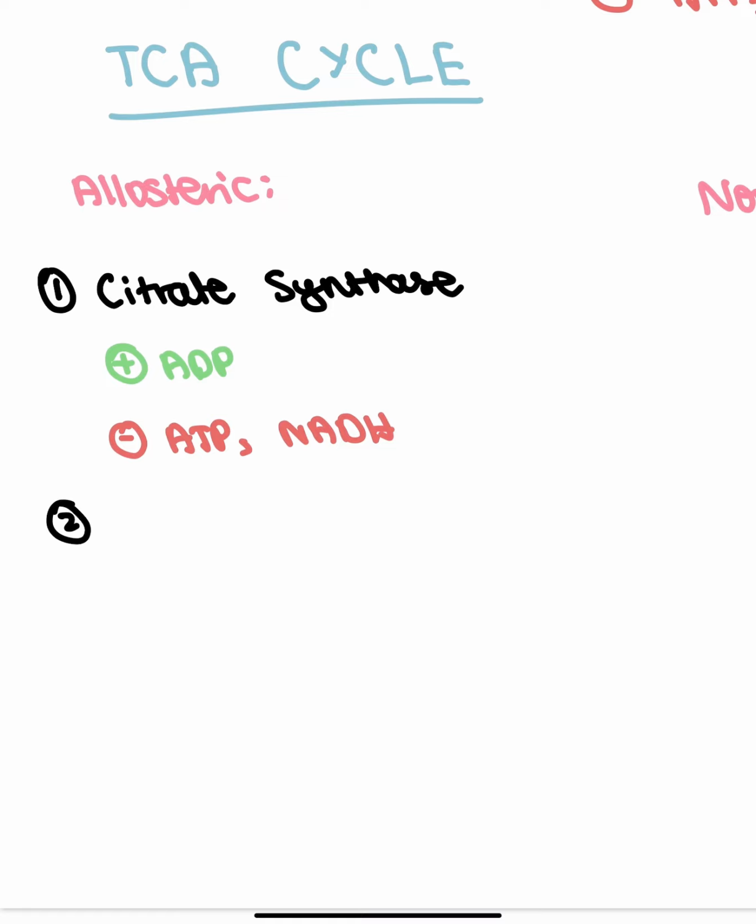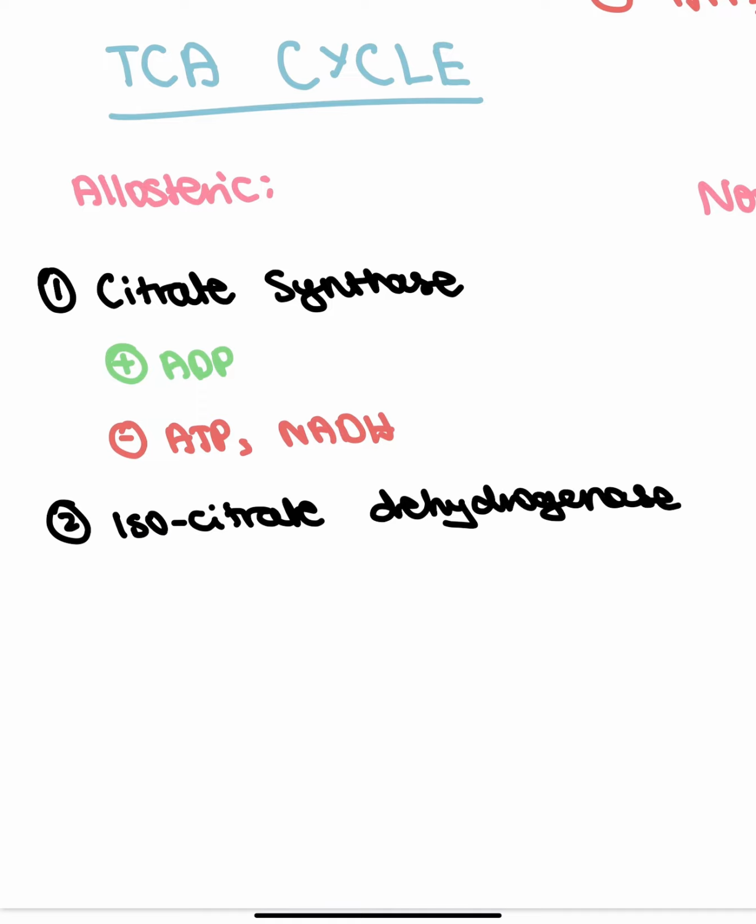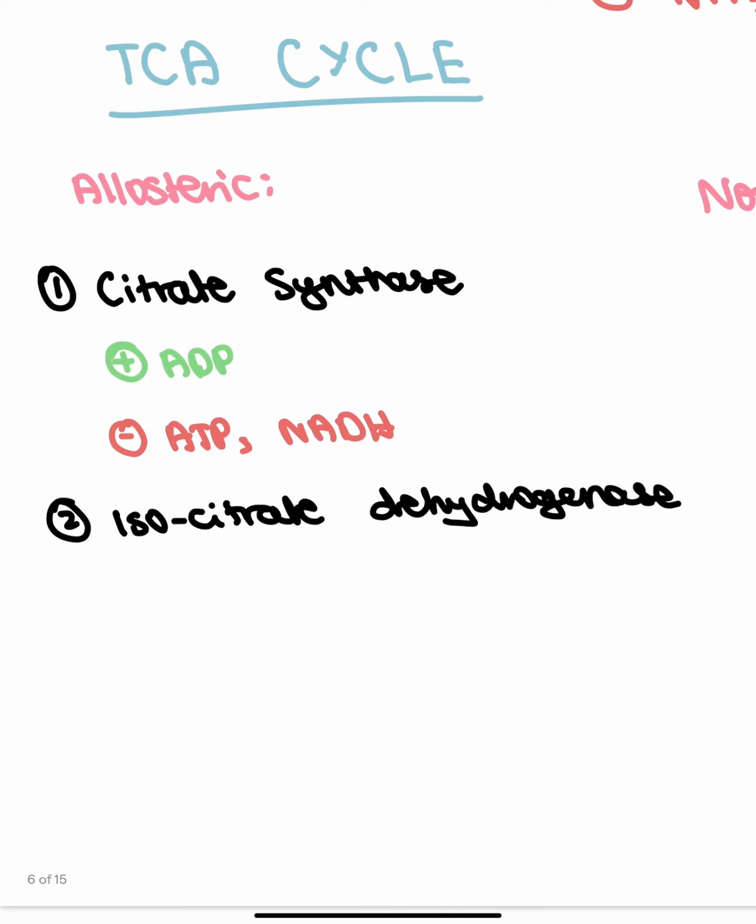The second enzyme that I want to talk about is isocitrate dehydrogenase. Isocitrate dehydrogenase essentially gets activated by ADP and calcium, but it gets inhibited by ATP and NADH.